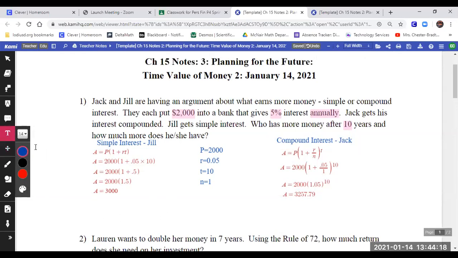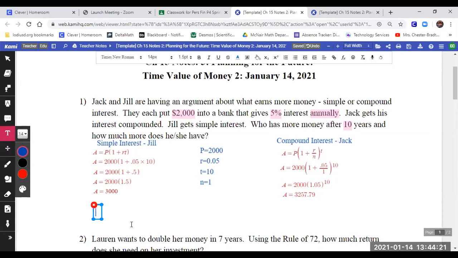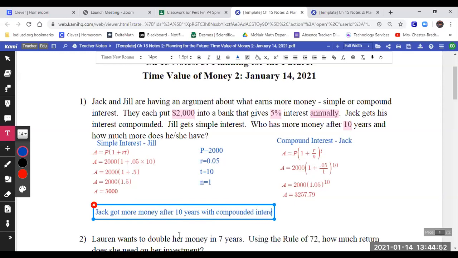Formulating our sentence answer. Who got more money after 10 years? Jack got more money after 10 years with compounded interest. Now we have to figure out how much.